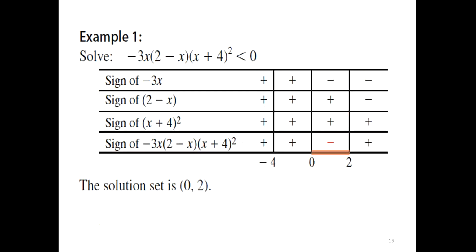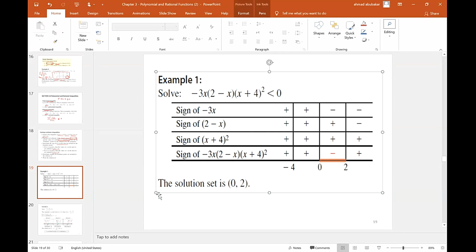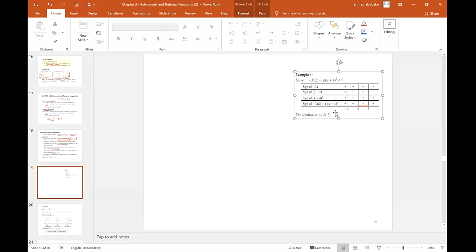Look at this example: negative 3x multiplied by 2 minus x multiplied by x plus 4, all to the power 2, less than 0.